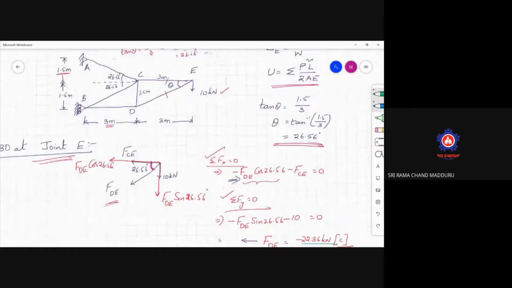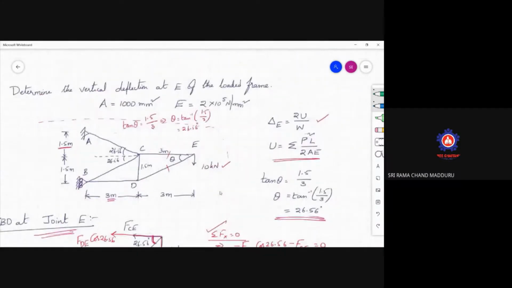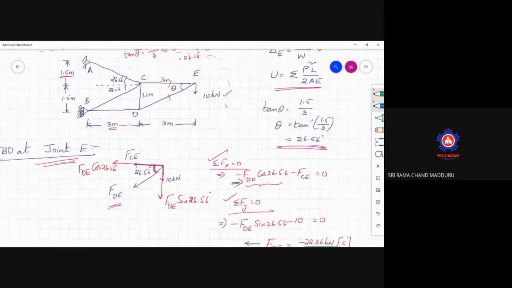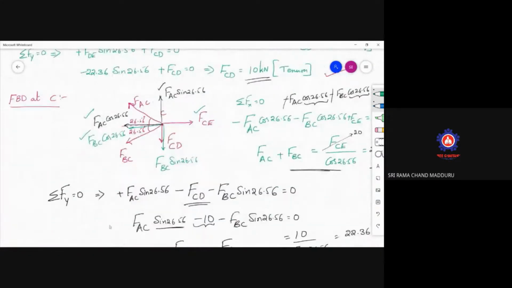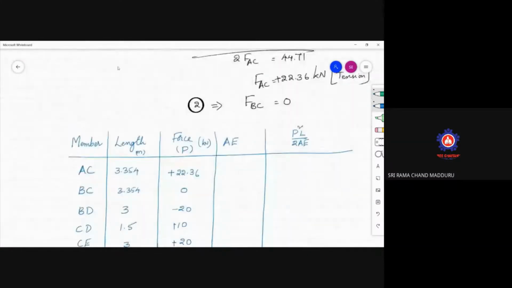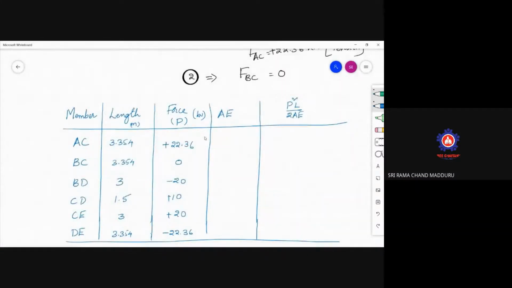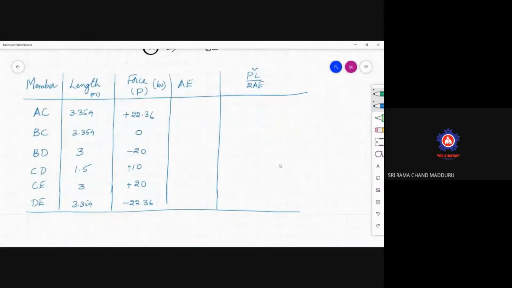Now I asked you to calculate AE also. Just see the units given. A is 1000 mm square. E is 2 into 10 power 5 Newton per mm square. So go back to our table. Member, length, force are calculated here.